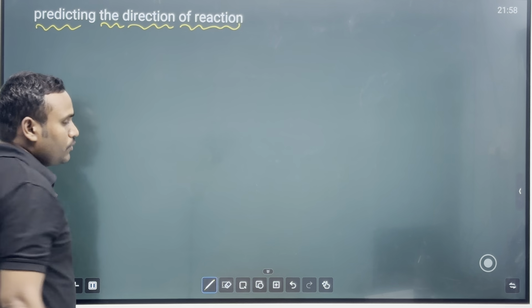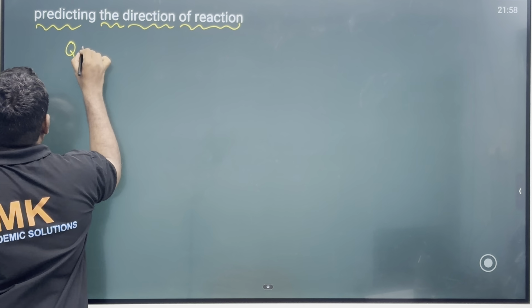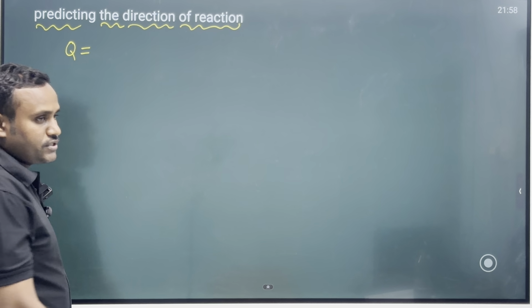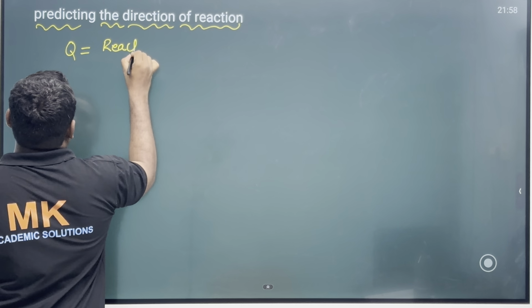So to predict the direction of equilibrium, we are going to take one more term, that is Q. Q is called the reaction quotient.